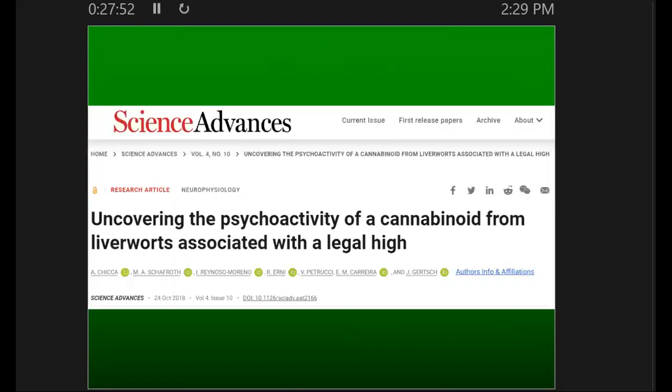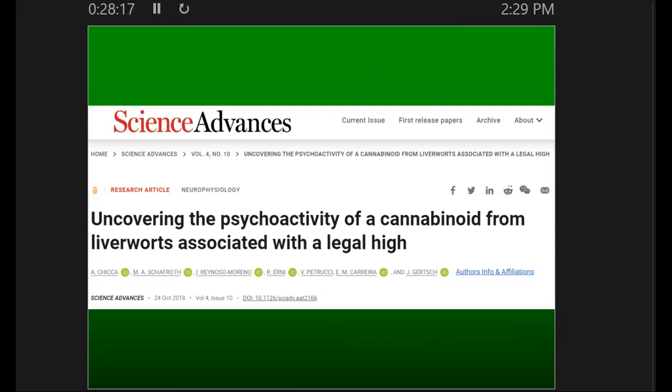So I was doing some searching for bryophyte uses, commercial or economic importance. Here is a liverwort that produces psychoactive cannabinoids, and it's legal. So this is sold and it's legal to purchase, no problem.